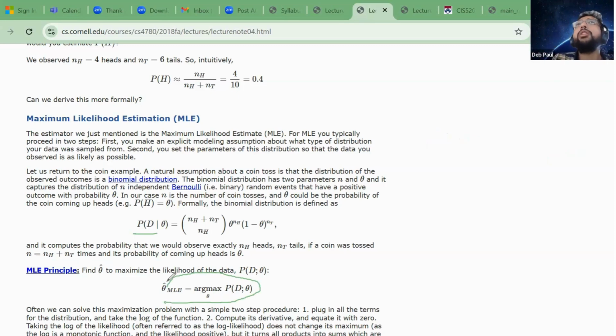I'm saying the probability of heads, that is my likelihood, the likelihood of the head. That's what I'm trying to maximize. I find that theta which maximizes this likelihood. This is called the maximum likelihood principle, or maximum likelihood estimation.